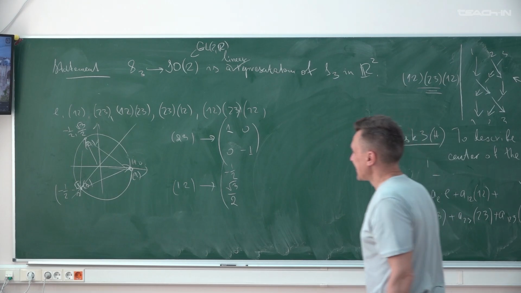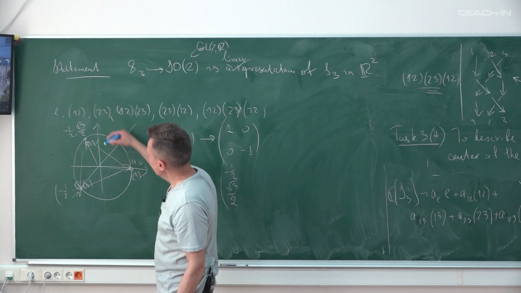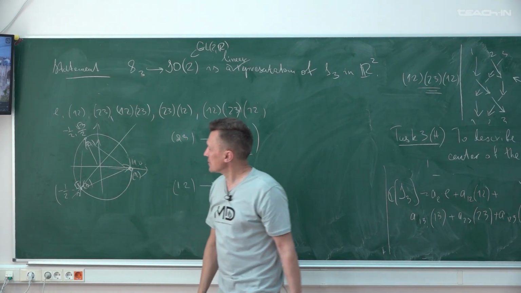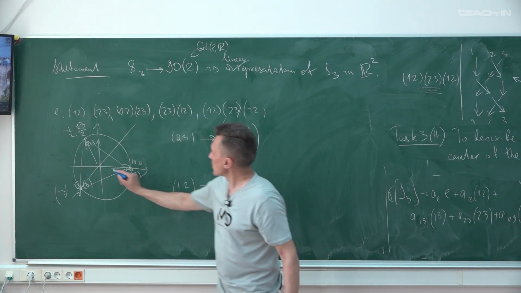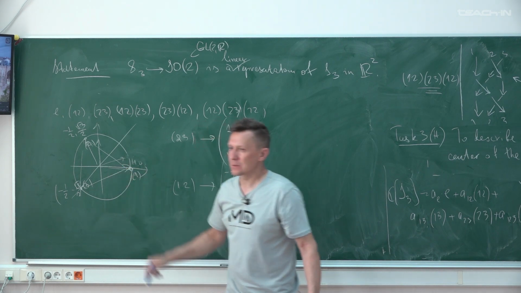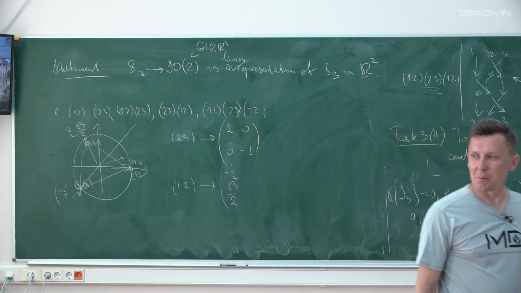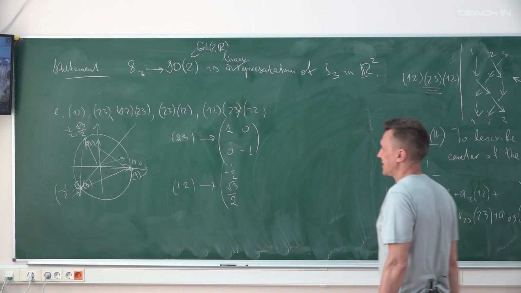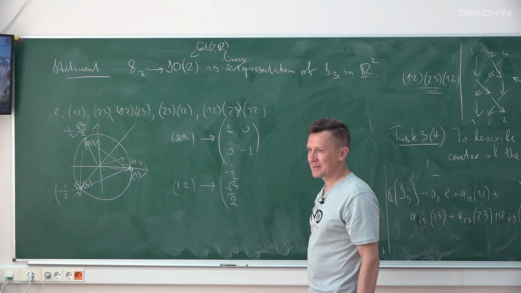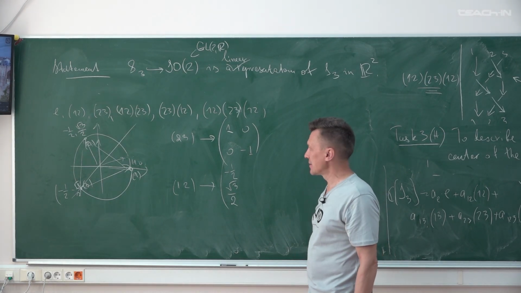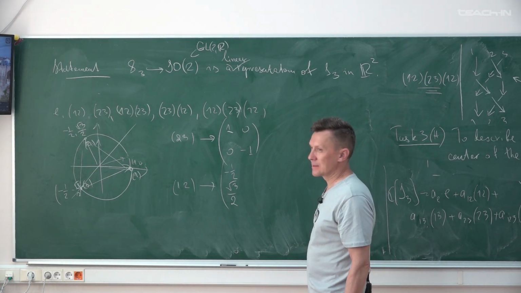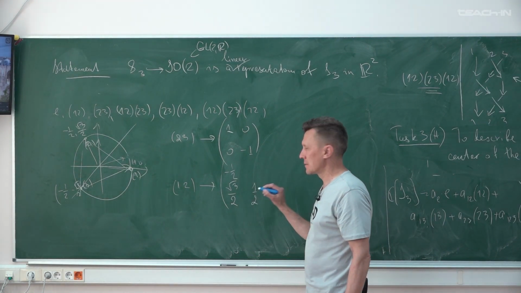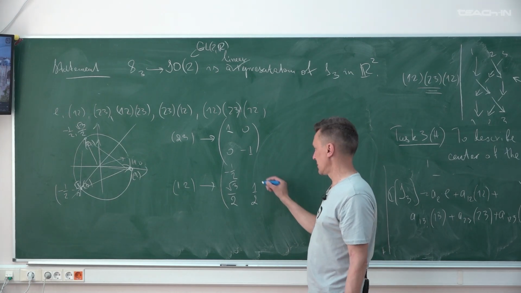Opposite, but it will be like 3 over 2, 3 over 2. We can see this one. So it is like this, but what are the coordinates? One half, or no, square root 1/2 is here. Yes, and up is the square root of 3 over 2.